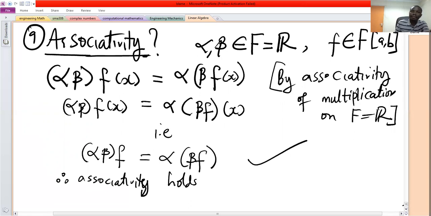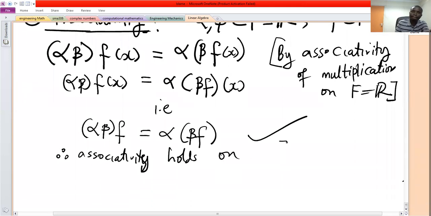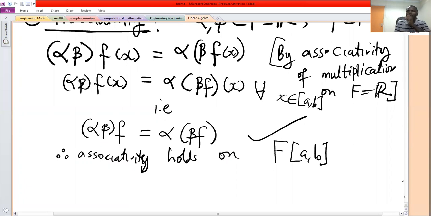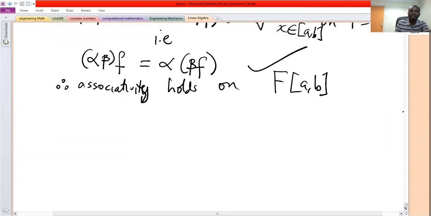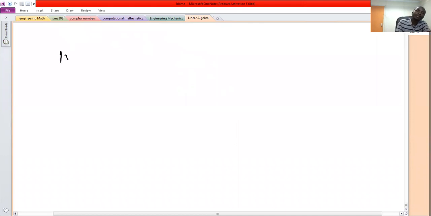And then lastly, remember this for all x in the closed interval AB. Now scalar multiplication by 1. So number 10, identity multiplication.